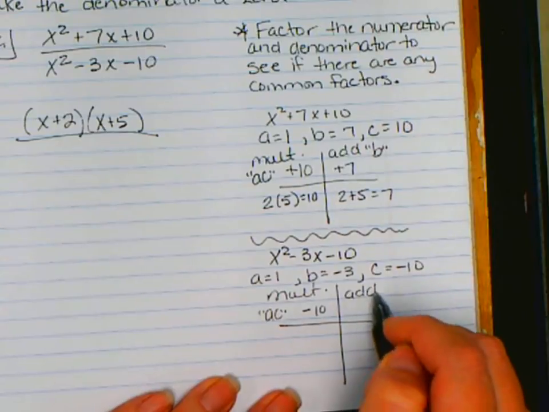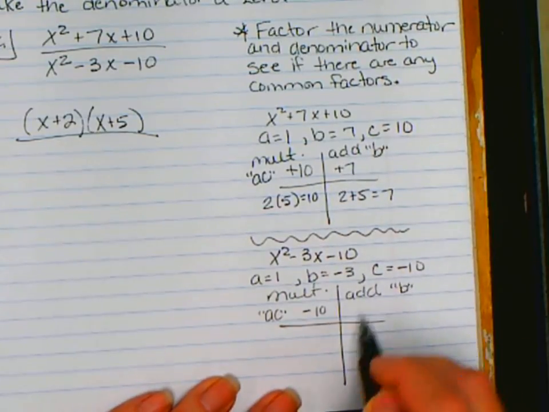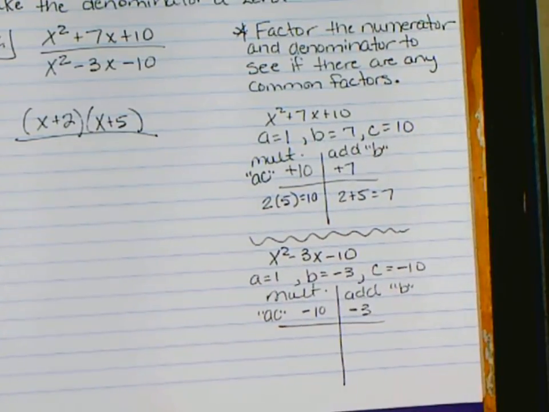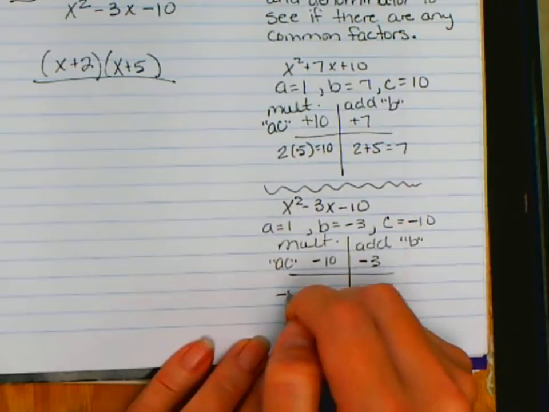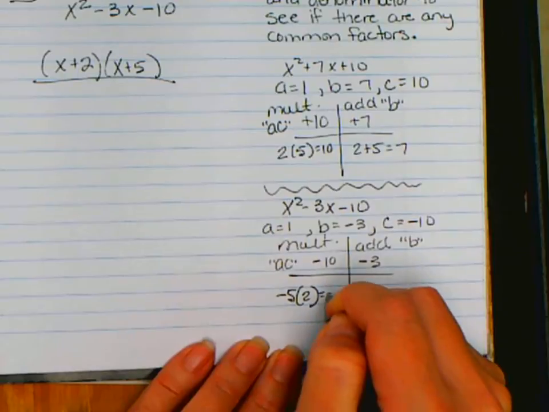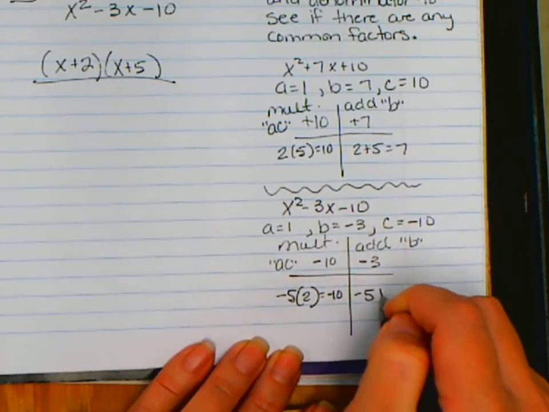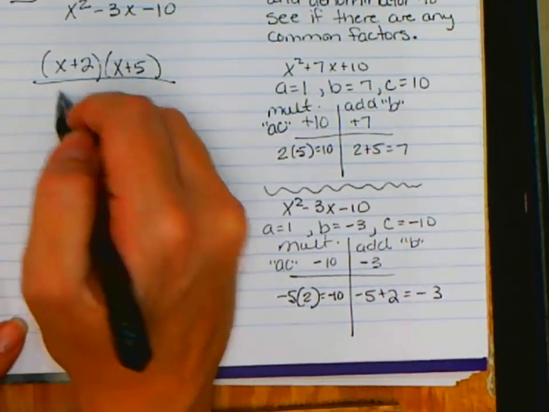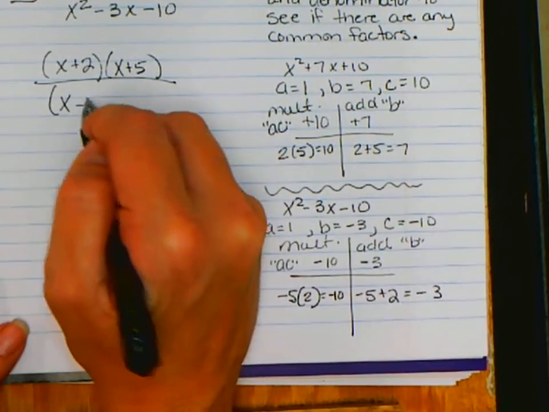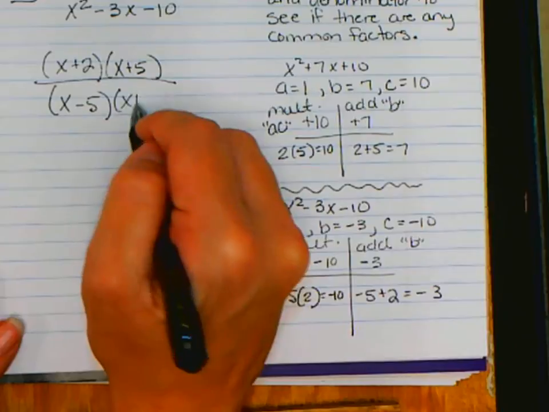And the same two numbers need to add together to give us B, which is negative 3. Negative 5 and positive 2. Negative 5 times positive 2 is negative 10. Negative 5 plus 2 is negative 3. So that works. So we've got x minus 5 and x plus 2.